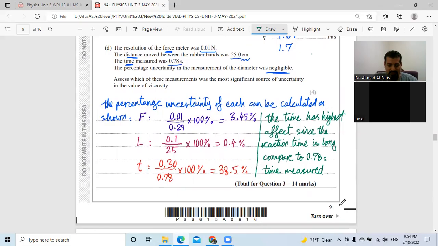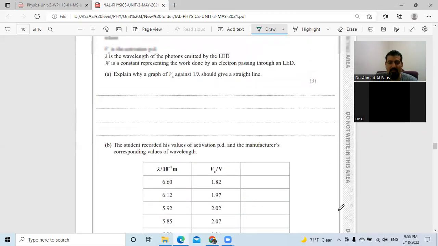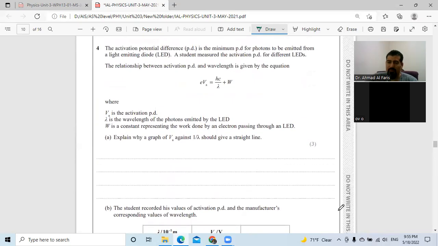Any question here? Is it clear now? Okay, let's move on to question number 4. The activation potential difference is the minimum potential difference for photons to be emitted from the light emitting diode, LED. The student measured the activation potential difference for different LEDs, okay.